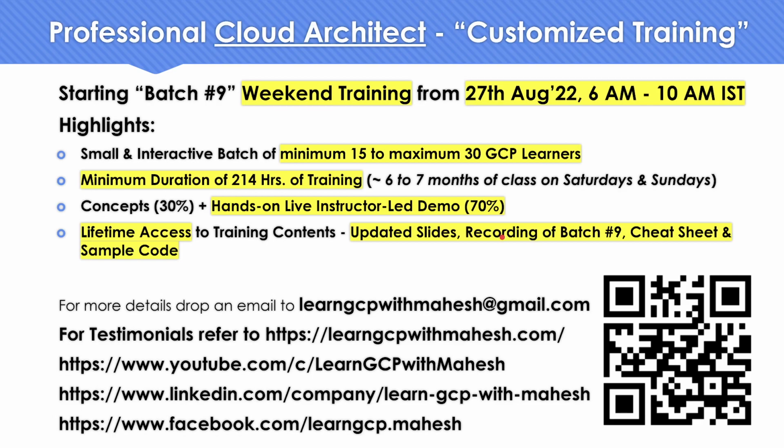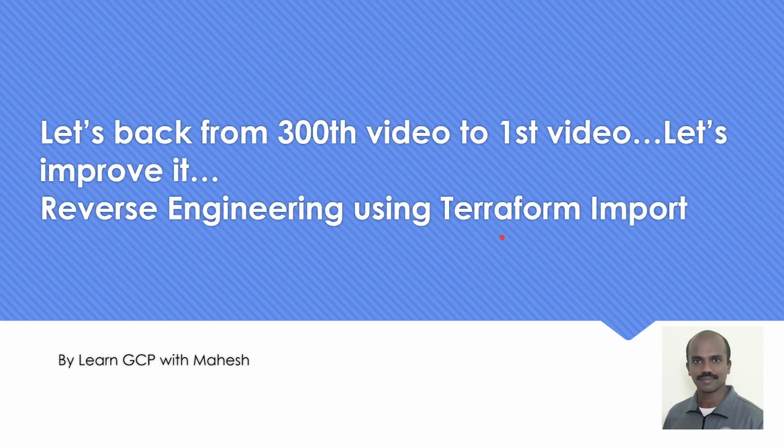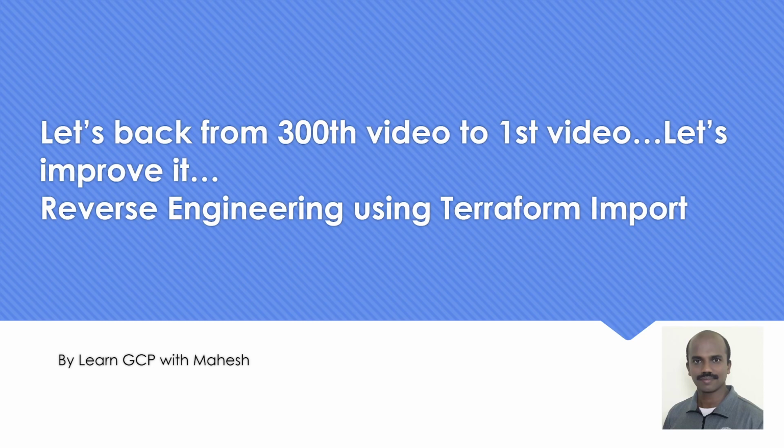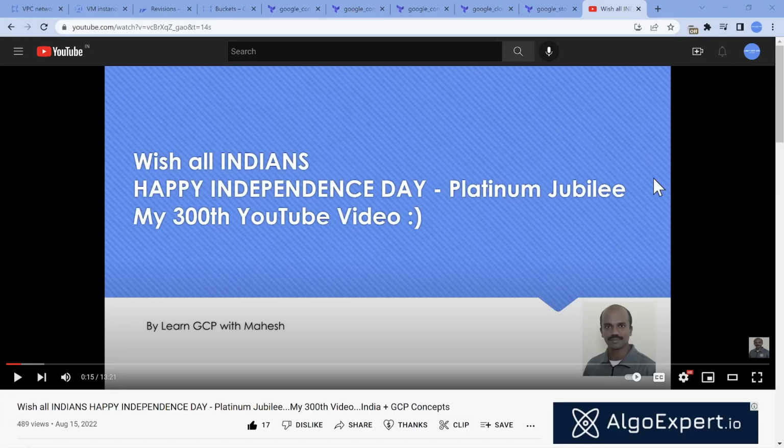With that background, let's do a reverse engineering using Terraform. For people who have not seen it, the video we did on the 300th video had some concepts where we were able to link Indian independence with GCP concepts.